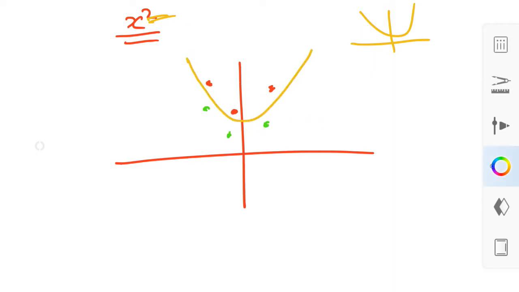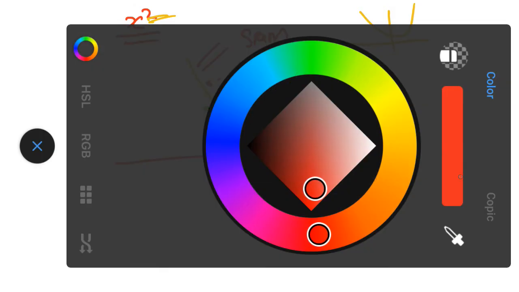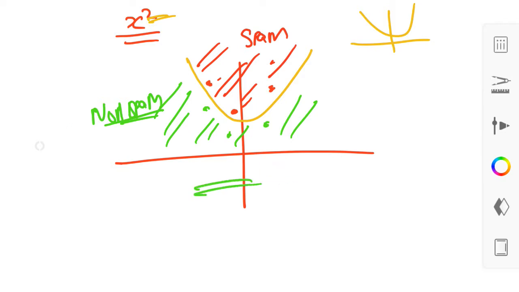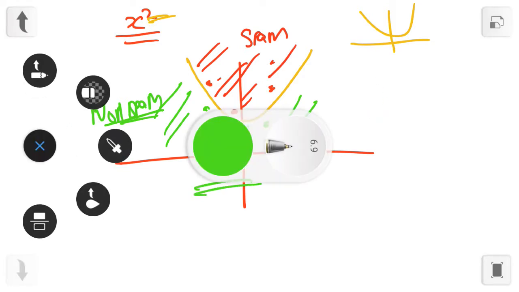Now we can classify the mails in this region as spam and all the mails in this area as not spam. This classification was practically impossible with a linear function, and this is the main reason why we use an activation function, to classify the problem in a much better way.